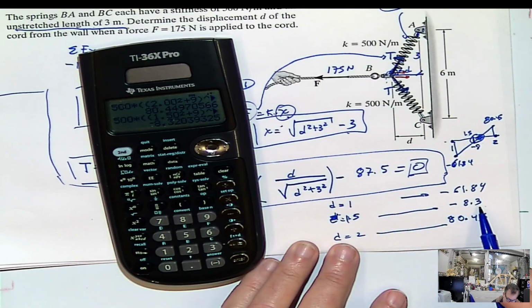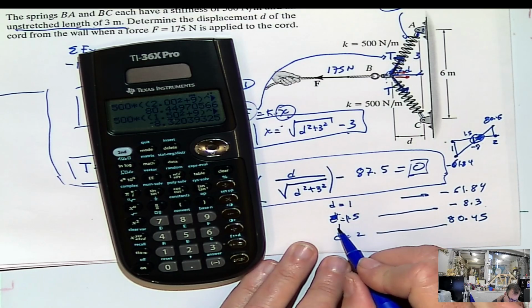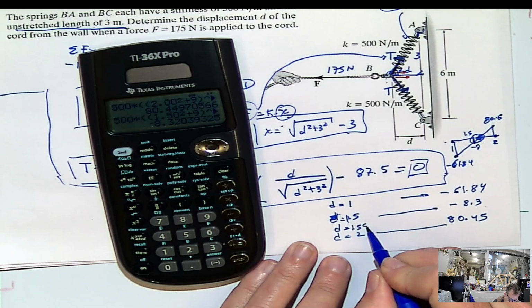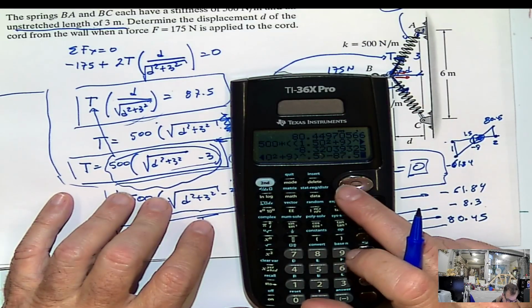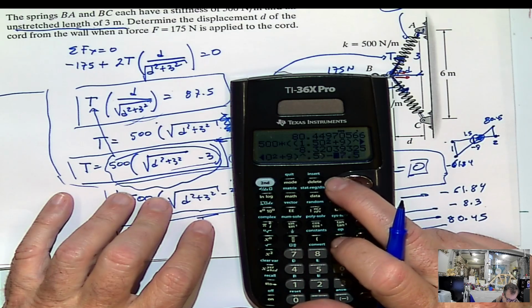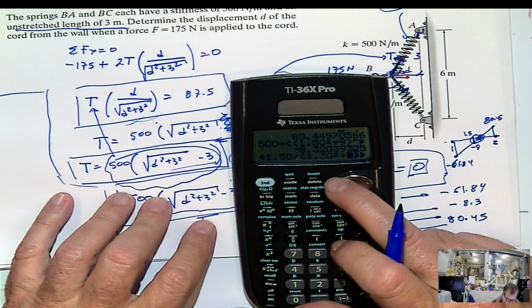So I'm going to try 1.55 and see what value we get. So go up again, hit enter, and start changing everywhere that we put 1.5.